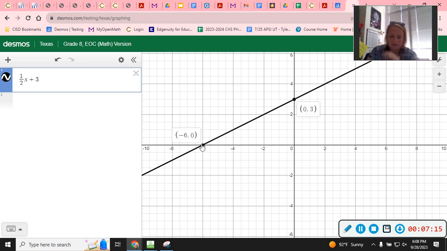We have these x and y intercepts here, and then let's connect those.